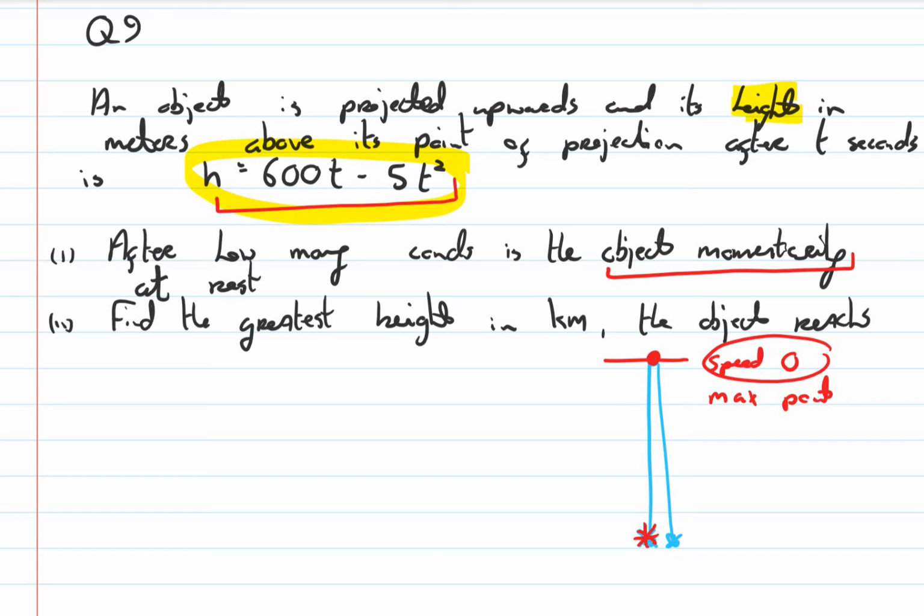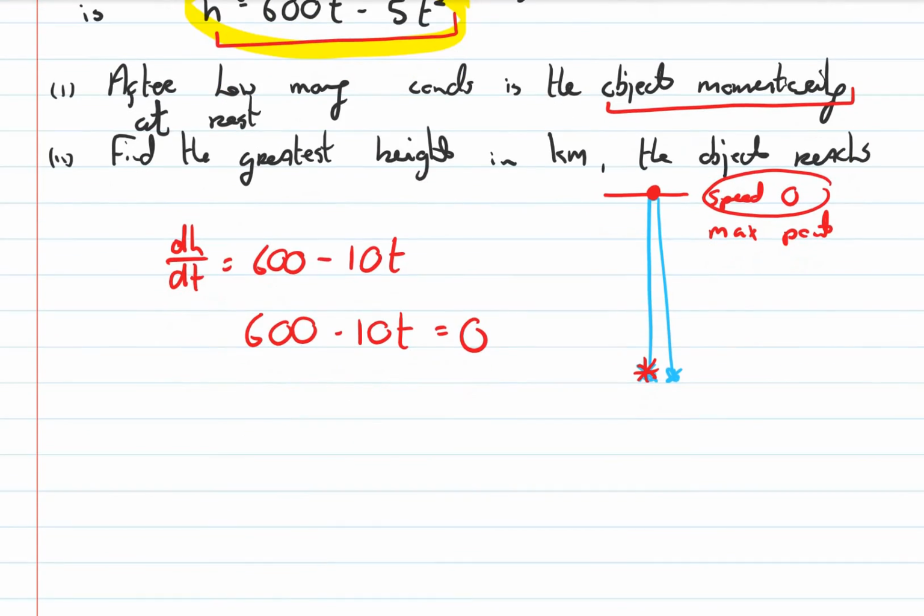So we differentiate this, so we get dh/dt equals 600 minus 10t. We let it equal 0. We solve for t.